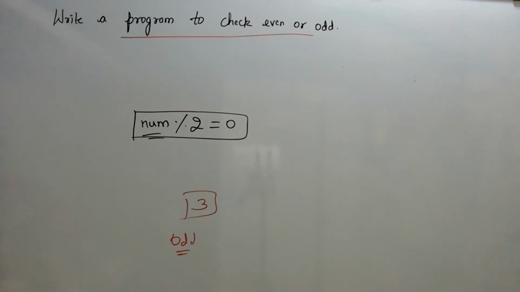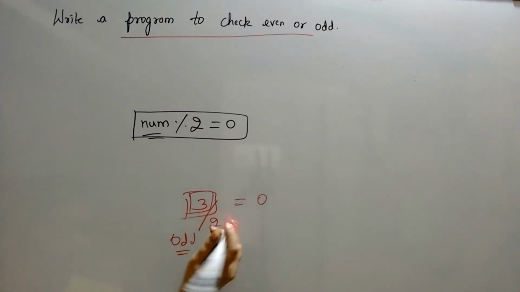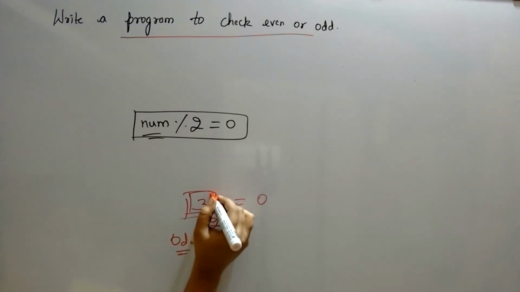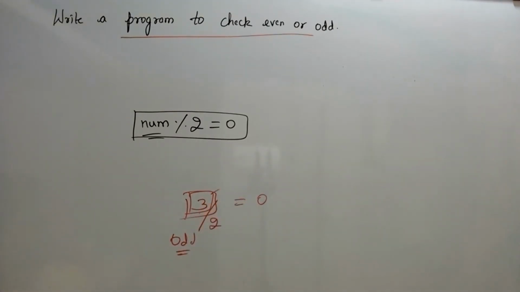If the number is completely divisible by 2, you will get the remainder 0, right? For 3, if you divide 3 by 2, will you get the remainder 0? No, right? Therefore this is an odd number.